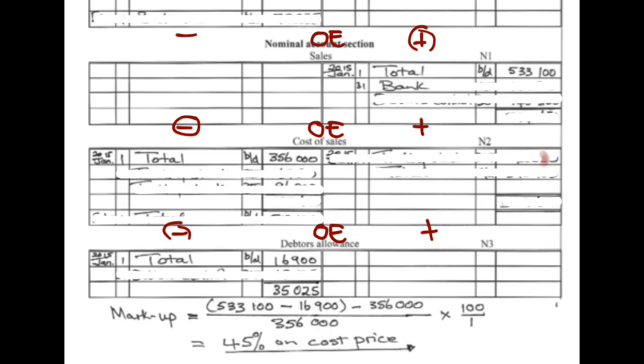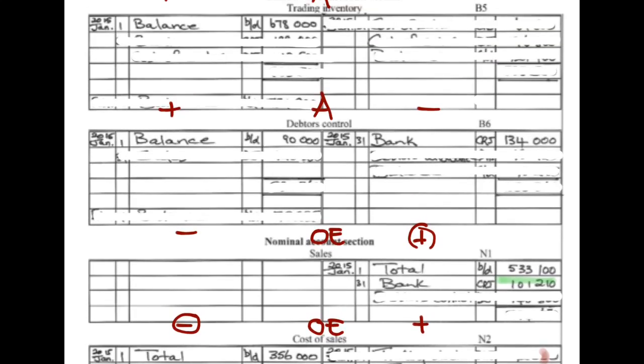I say that bank would have been the debit entry if I were asked the bank account. CRJ is my journal used for 101,210. So in other words, the amount in sales and the amount in debtors control add together to give me the debit which would have been put into the bank account.